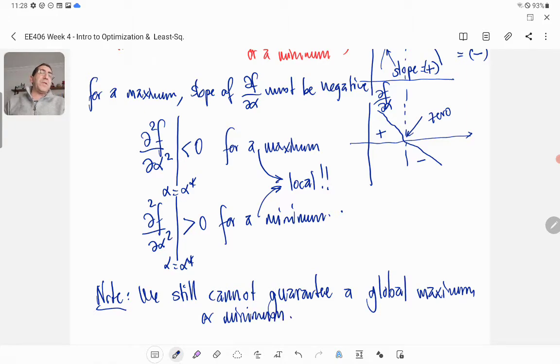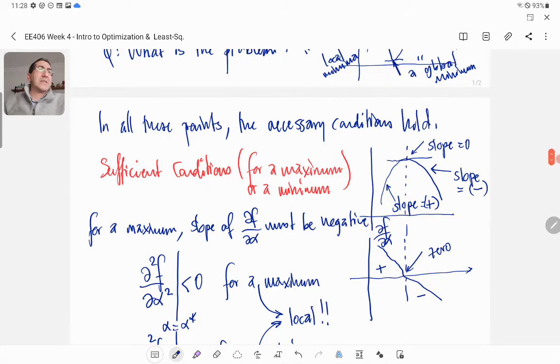Unfortunately, it's often the global maximum or minimum that we are looking for. But in practice, these mathematical tools, the necessary conditions and the sufficient conditions, can only give you a local minimum or a local maximum.